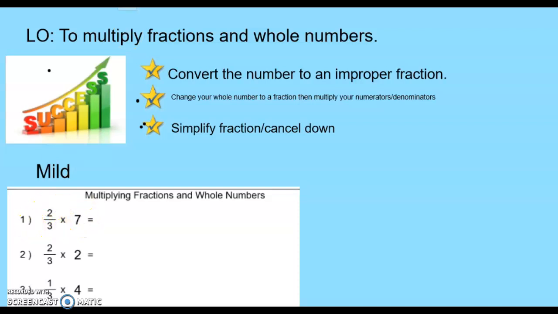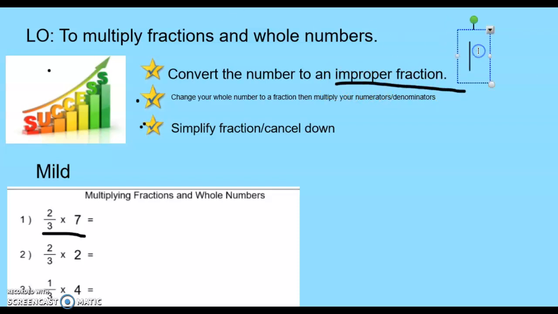If we look at the first question on the mild sheet, we have two-thirds multiplied by 7, and 7 is a whole number. So the first thing we need to do is to convert this whole number into an improper fraction.